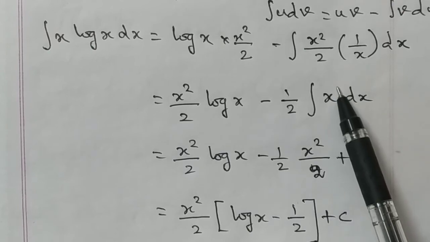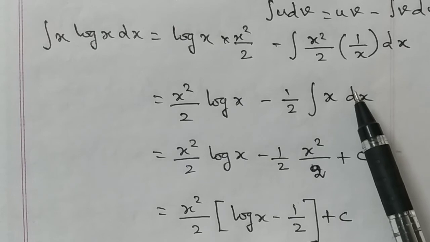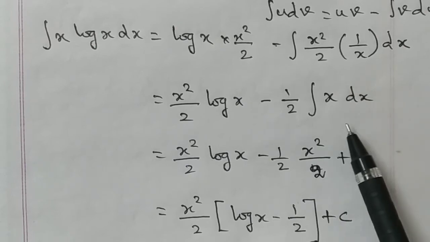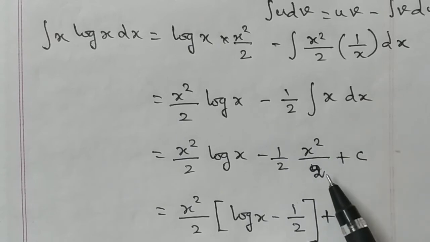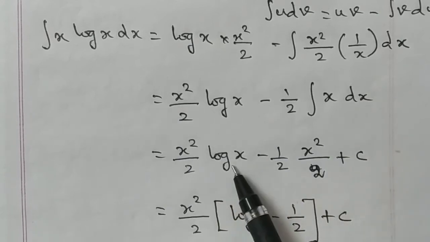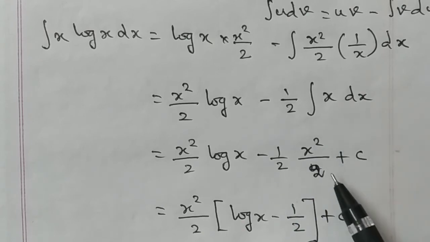Here the power is 1, so x power n plus 1 divided by n plus 1 gives 1 plus 1 divided by 2. So we get x square by 2 into log x minus 1 by 2 into x square by 2.